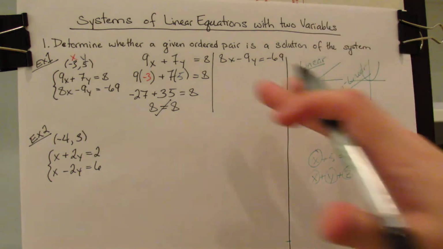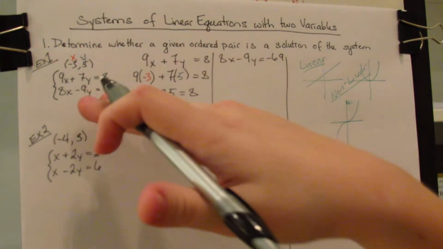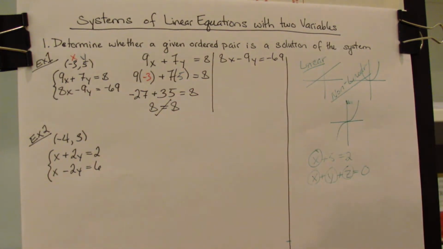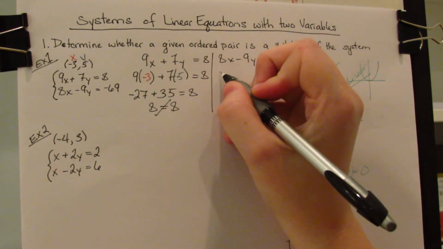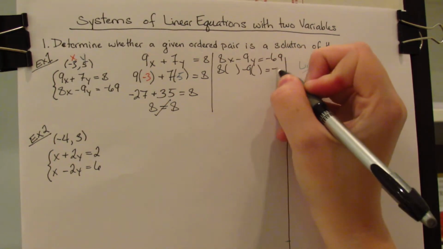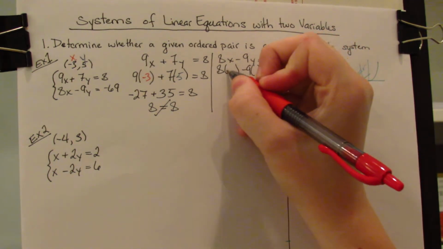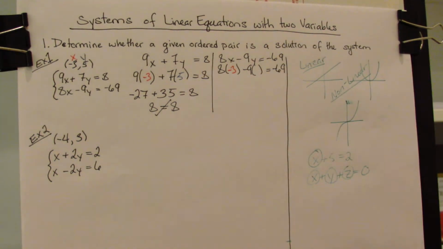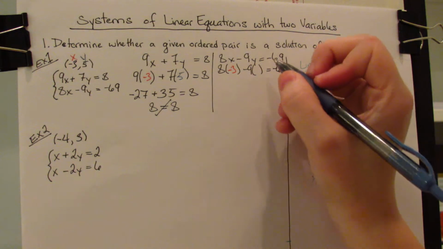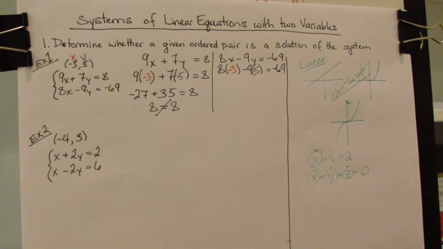We want to determine whether or not, if we plug in the pair with each of these equations, it will be true. So let's go ahead and do the other one. Again, we're using the same numbers for both because the ordered pair goes with both equations that are in the system.